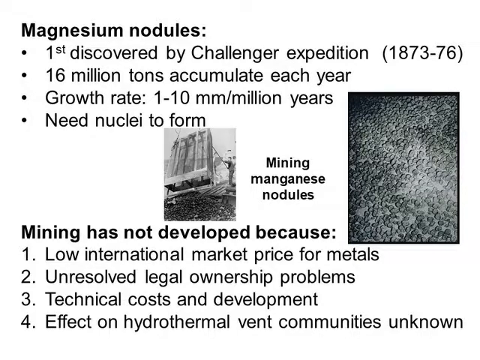These manganese nodules were discovered on the Challenger expedition back in the late 1800s, and typically you'll see about 16 million tons of these nodules accumulating each year, but they grow so slowly that it takes them a million years to grow anywhere from 1 to 10 millimeters in diameter.